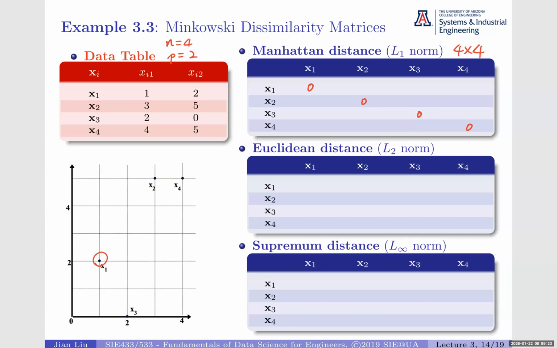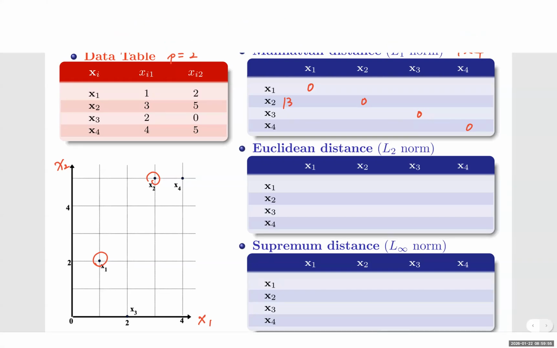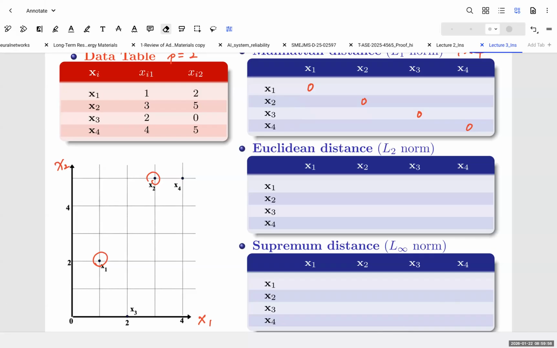So for the first dimension, x1 and x2, to be more strict, that is absolute value 1 minus 3.